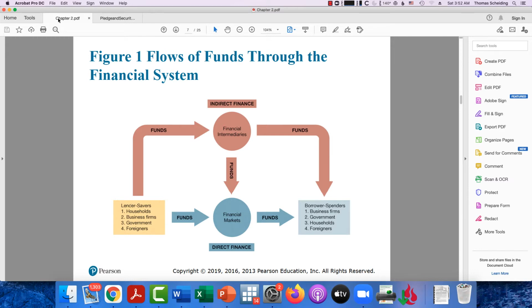So what we've now covered is the dark blue part of this flow of funds from the lenders and savers directly to the borrowers, spenders. That I, in the yellow, as a household, can log into U-Haul Investors Club and basically lend my money to U-Haul.